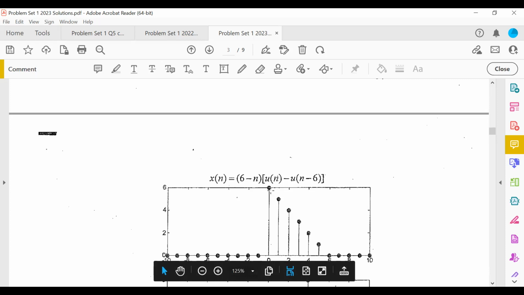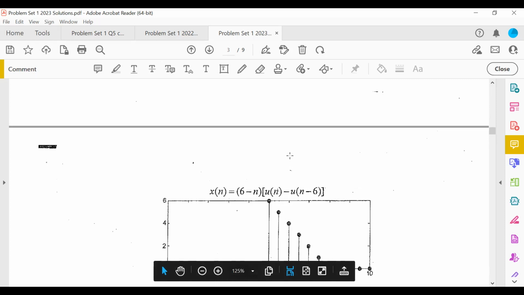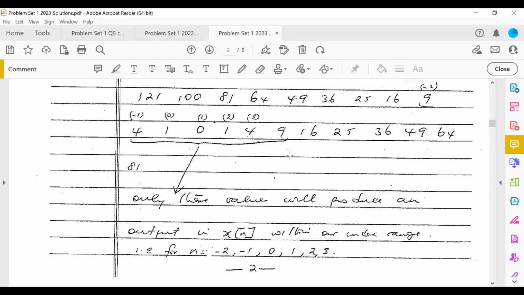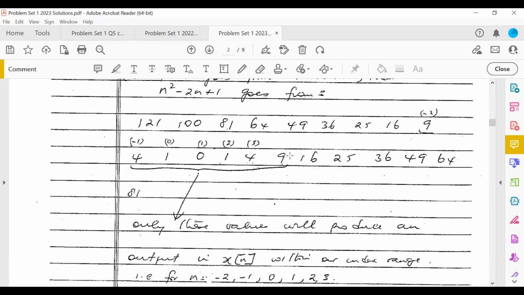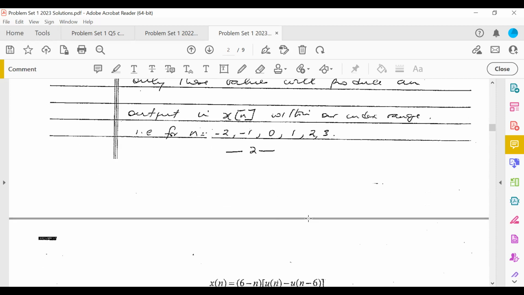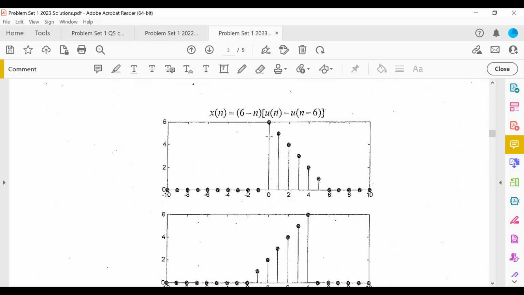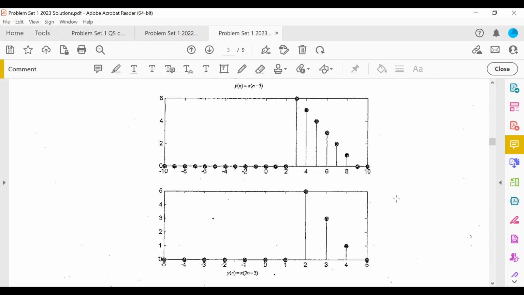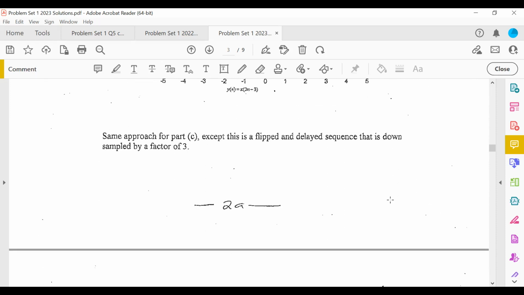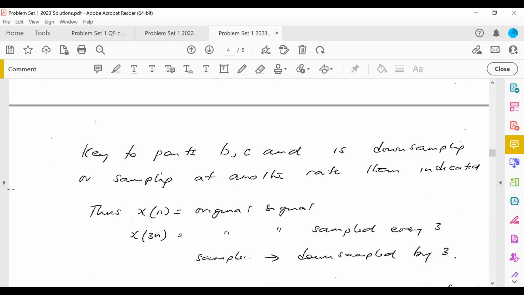But I resampled it using that formula, n squared minus 2n plus 1. So I resampled it, send the data now, and I alone know to reconstruct it, I have to undo this. So by going back into the data now, I can undo what was sent and reconstruct the original data. But at this point in time, anybody intercepting that data would have no idea what the data is, right?